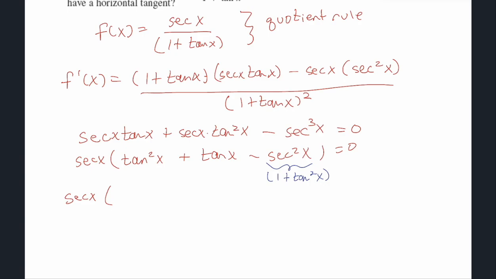So to save space, the tangent squareds are going to cancel. So we just get the tangent of x plus 1. So it did simplify that quite a bit. Okay. So now it's just where is the secant equal to 0? Where is the tangent x plus 1 equal to 0?